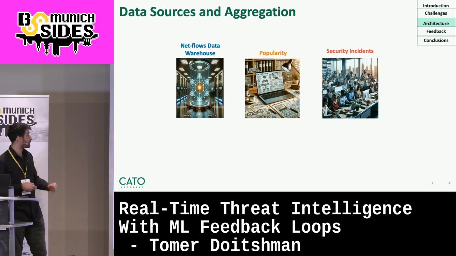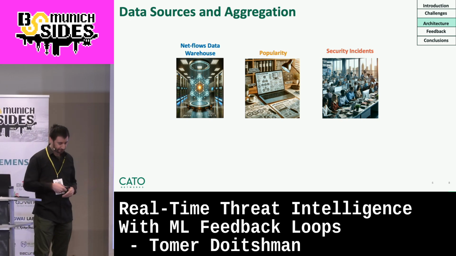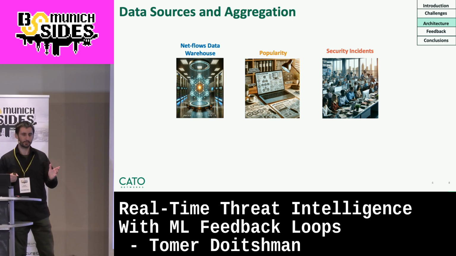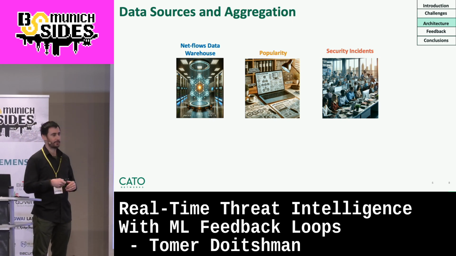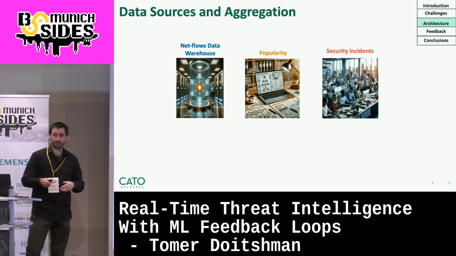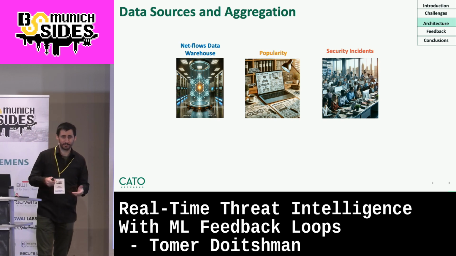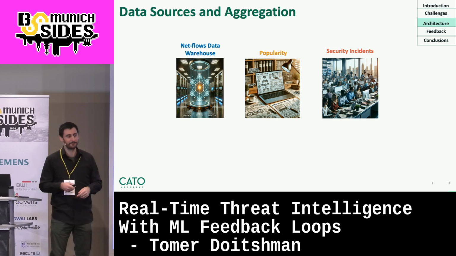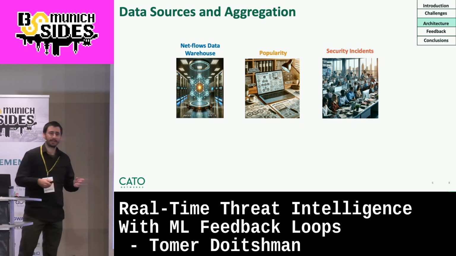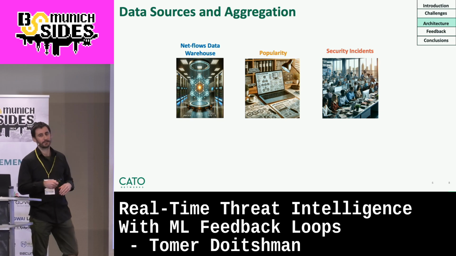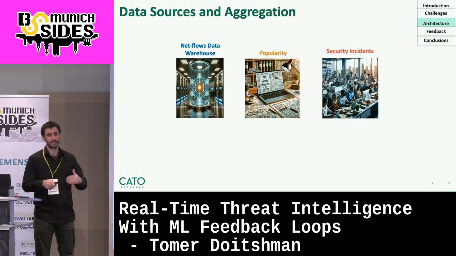The next important data source is popularity. Popularity means how popular this potential IOC is in the wild. Let's say if I look up google.com, possibly I will see tons of requests to that domain because it's a very popular domain. But usually malicious or suspicious IOCs will have fewer popularity records in this data source.